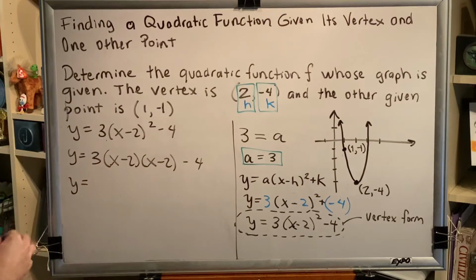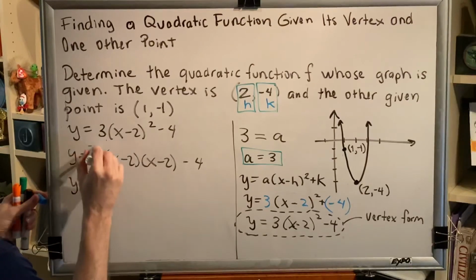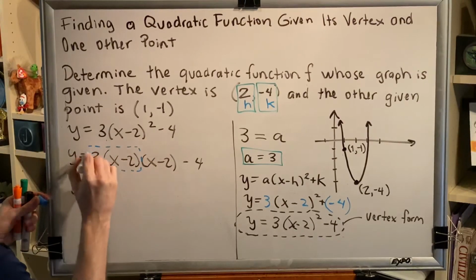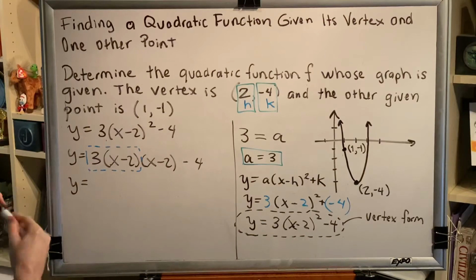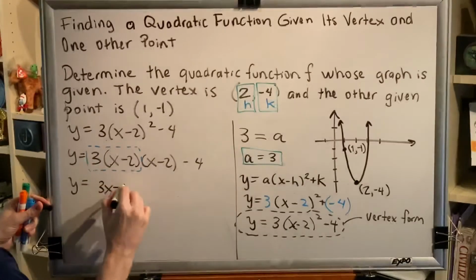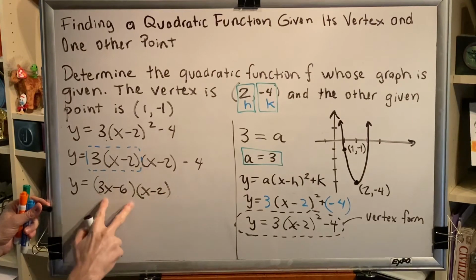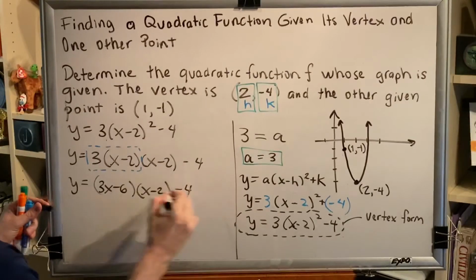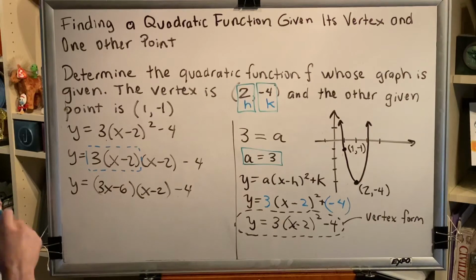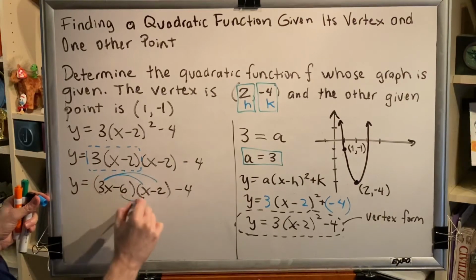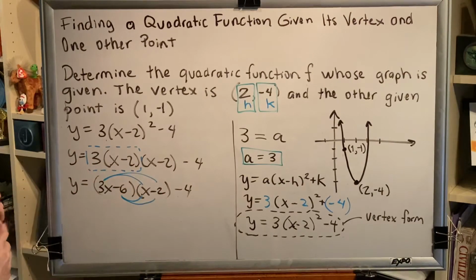Next, multiplication is performed from left to right. So we're going to do this first, and that's going to give us the 3x minus 6, which will get multiplied by the (x minus 2). Notice the use of parentheses here, those are required. Next, we will FOIL to perform the multiplication of our two binomials.